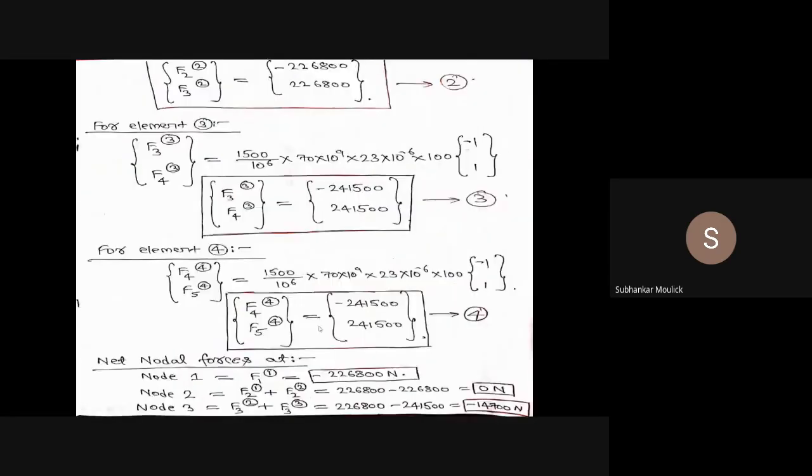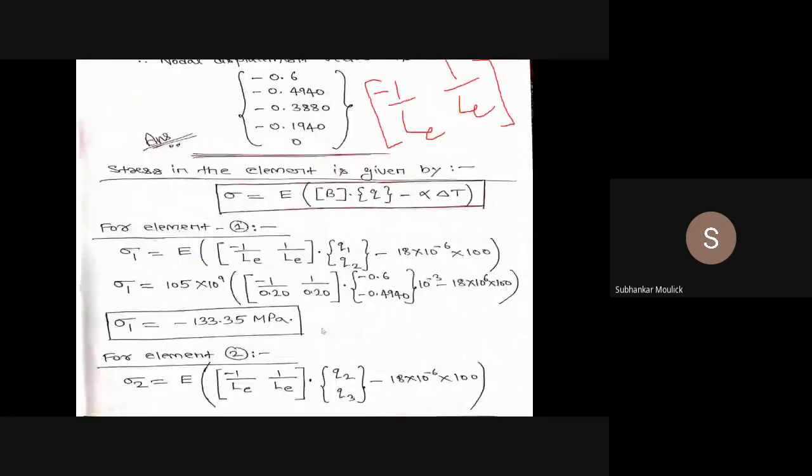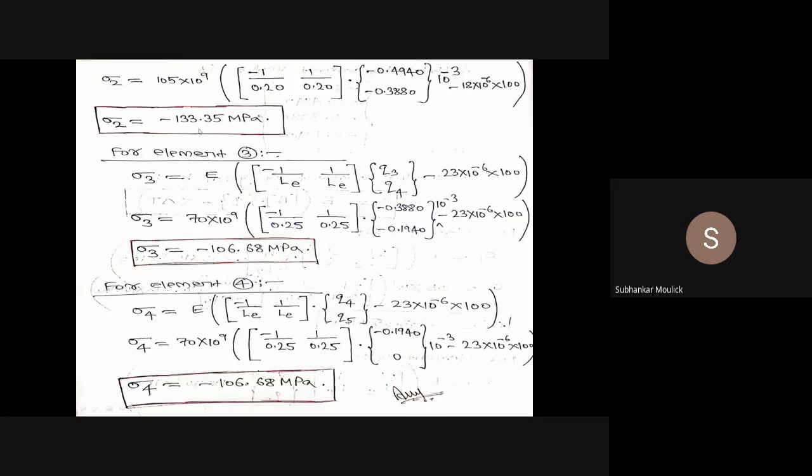See, only this thing is changing. Only Q2, Q3. Le will be same because the second element is again coming out from that bar AB only. Remaining value is same. You can find out the value of sigma 2. Likewise, you can get the value of sigma 3 and sigma 4 for third and fourth element.